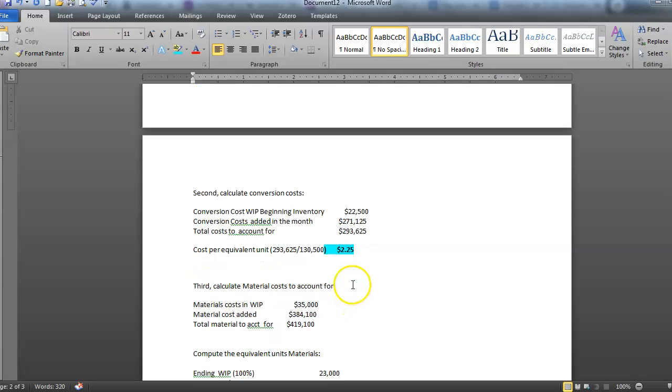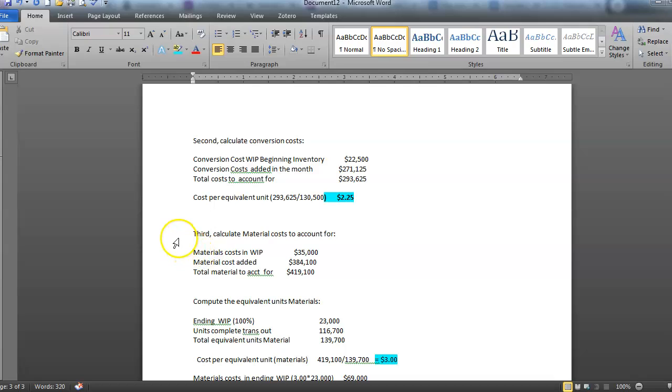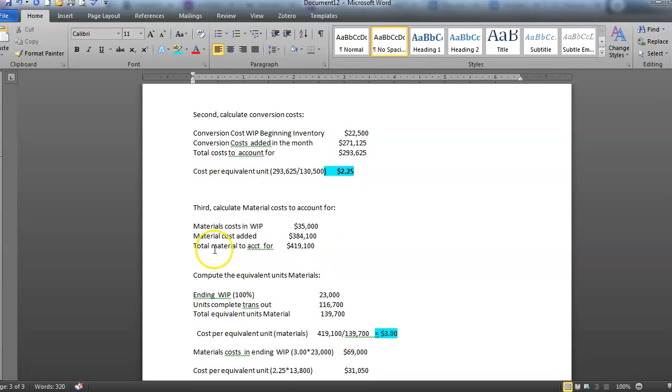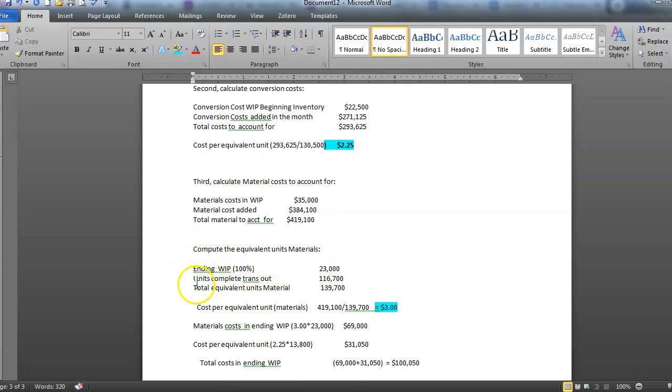That's the first thing. Next, you'll also need to deal with your material costs, because remember, conversion cost includes direct labor and overhead. Material we haven't dealt with. So now we're going to deal with material costs. We need the total cost, which we have dealt with here, and the number of units we have to deal with, which we deal with here.